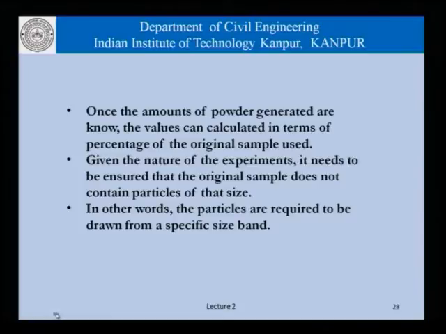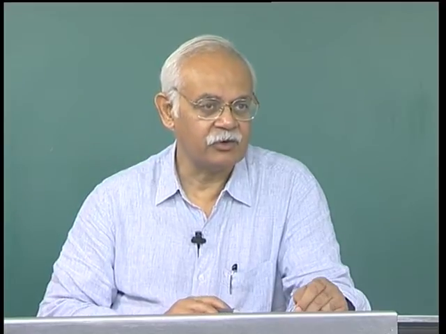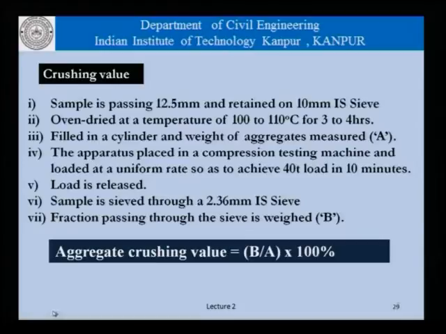And therefore, the particles which we use as samples for testing are required to be drawn from only a specific size band. Now, let us quickly look at some of the tests that are carried out. For crushing value, the aggregate passing through 12.5 mm and retained on 10 mm sieve are used.